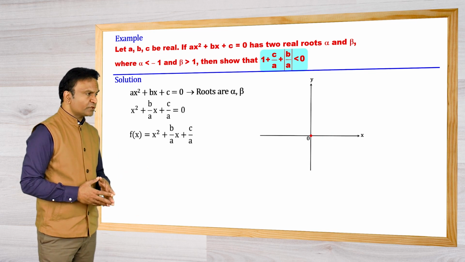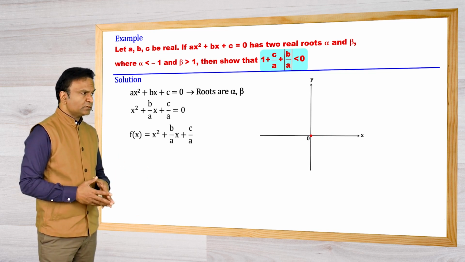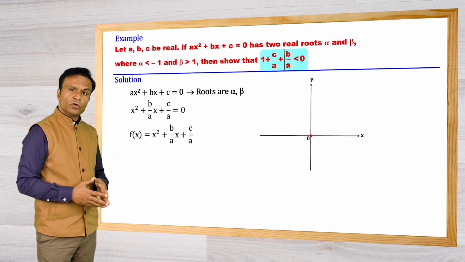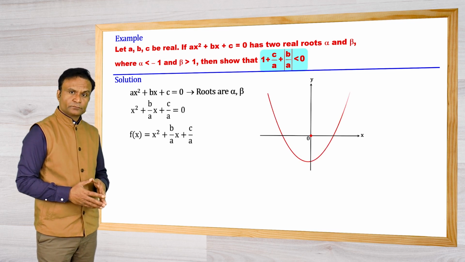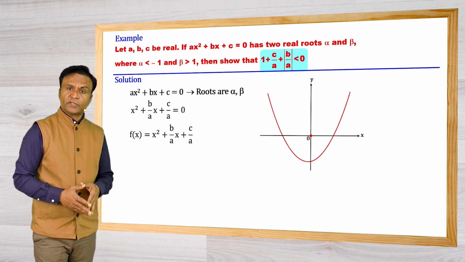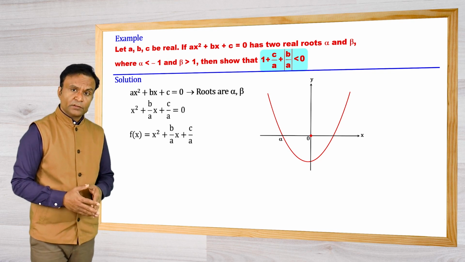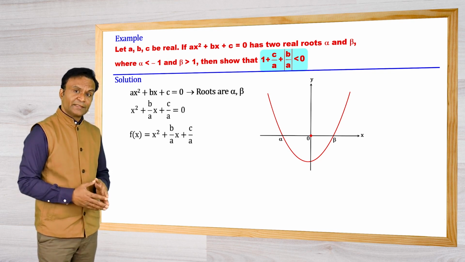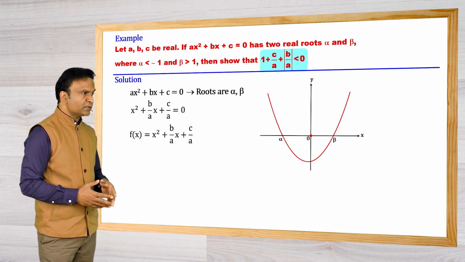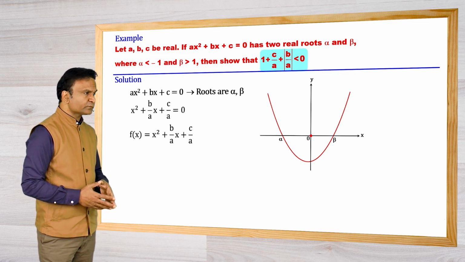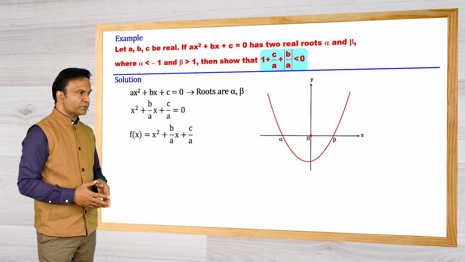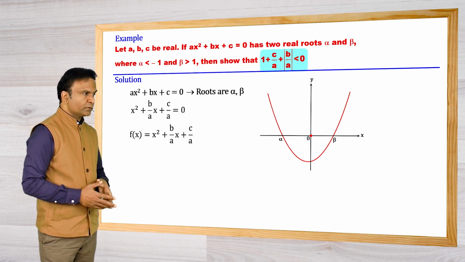Again, start with the coefficient of x square. So the graph is concave upward. Also the equation has roots alpha and beta, so the graph must intersect the x-axis at two distinct points, alpha and beta. So here we have the graph, alpha and beta are roots.